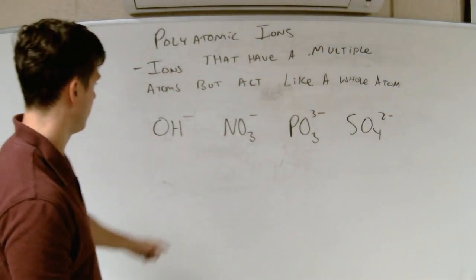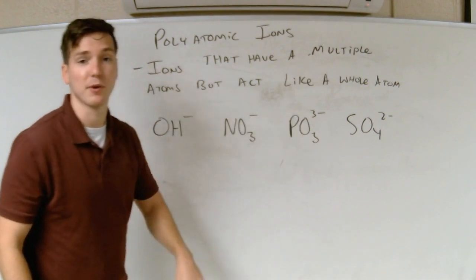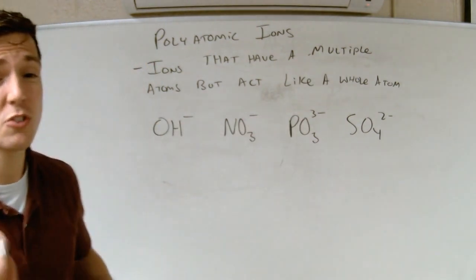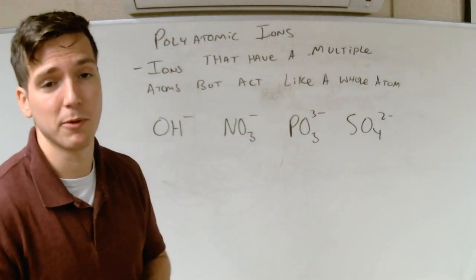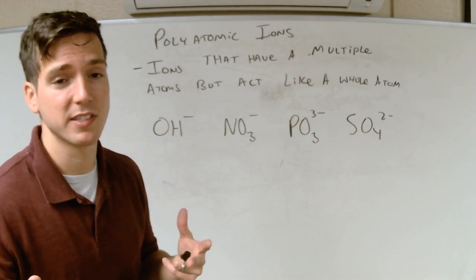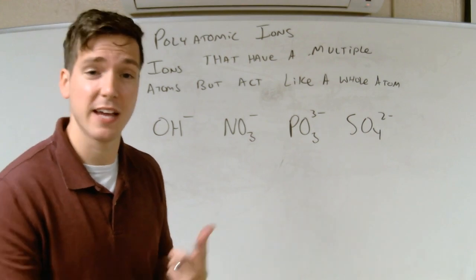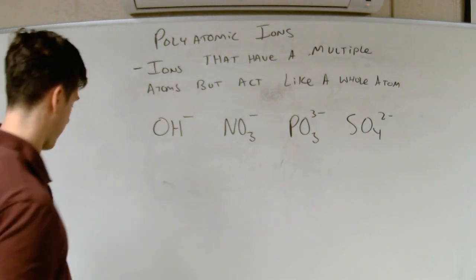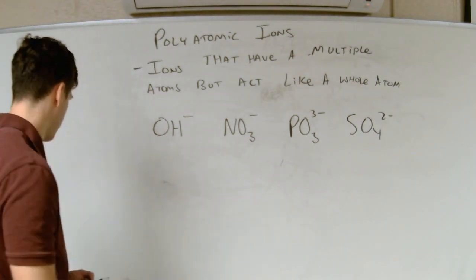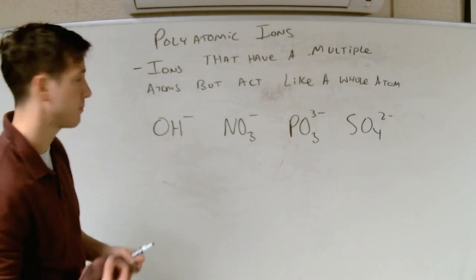The charge is always in the upper right. What we have to do is combine these polyatomic ions with other metals and name the compounds, kind of similar to what we did the other day. So let's do a couple examples.